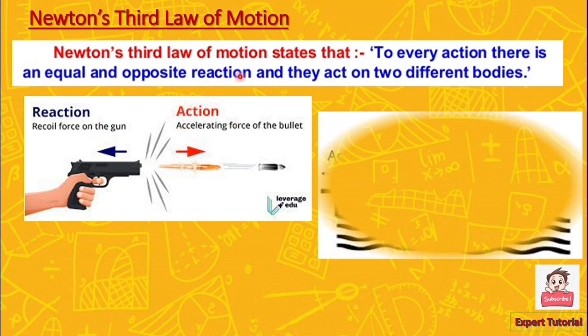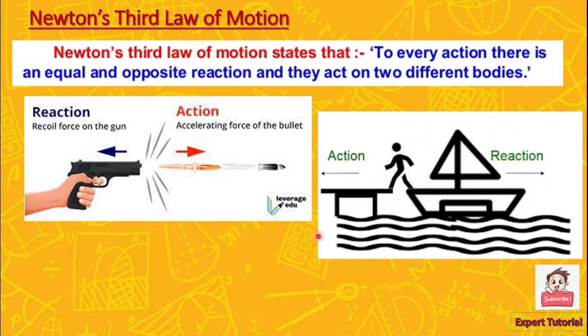Also you can take the example of a sailor. When a sailor jumps out of a boat, he exerts a backward force on the boat, that is the action, and the boat exerts an equal and opposite force on the sailor, that is the reaction, and the sailor jumps forward. So this is also an example of Newton's third law, that is action and reaction.